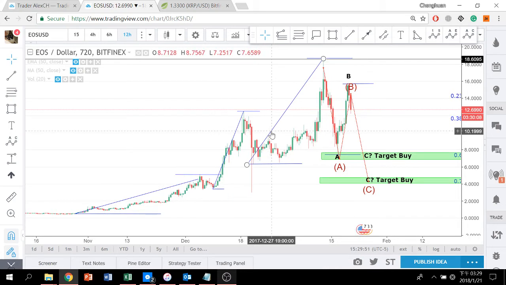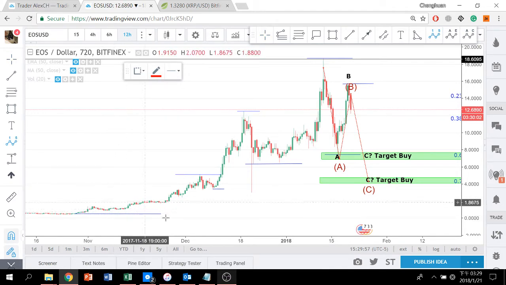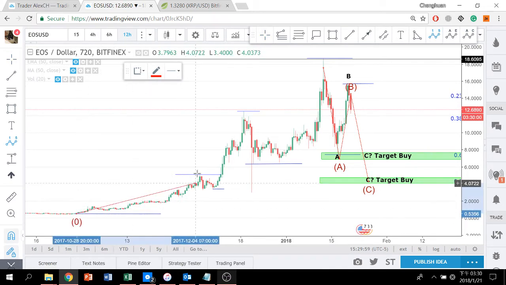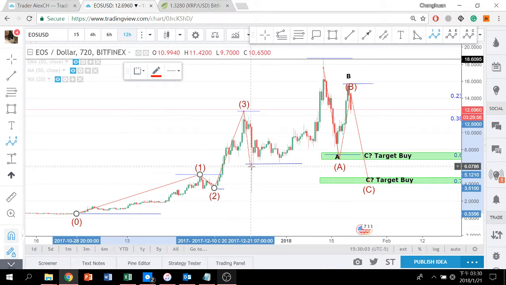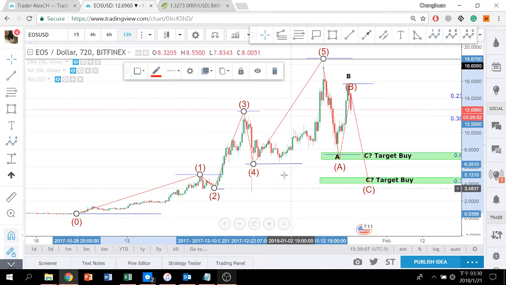Okay, anyways, this would be my 3rd leg up, right? So in this case, I would think it would be safe to draw like this, right? 1, 2, 3, 4, 5. Okay, now wave 4 does not retrace into the proximity of wave 1, right?